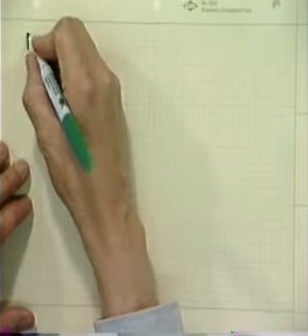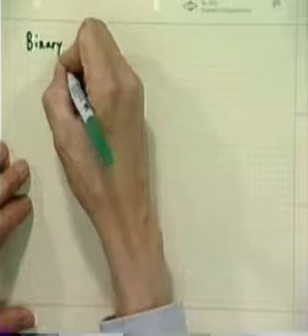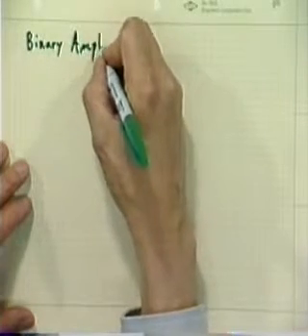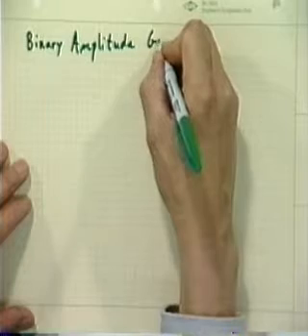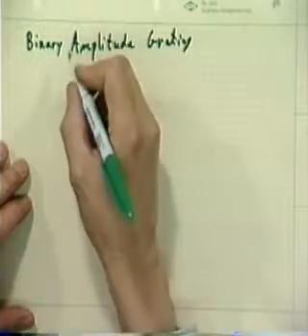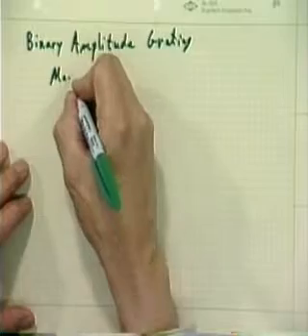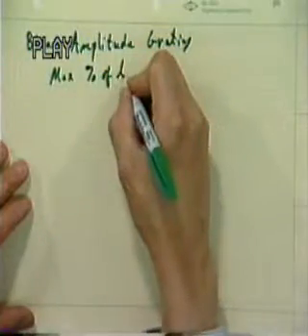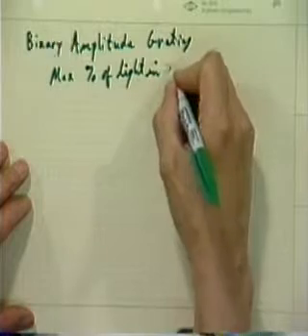A week ago today, we were talking about diffraction gratings, and looking at how much light we had in a given order. First was a binary amplitude grating, and we had the maximum fraction of the incident light in the first order.